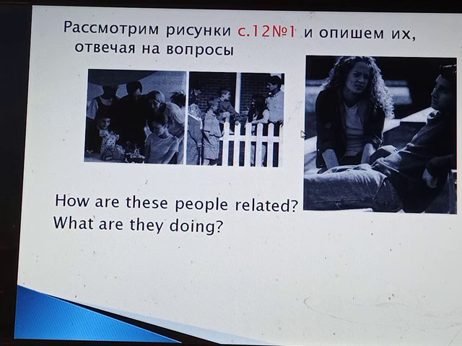I think they are discussing something. Look at the third picture. What are they doing? As far as I see it, they are talking. They are discussing probably some problems.